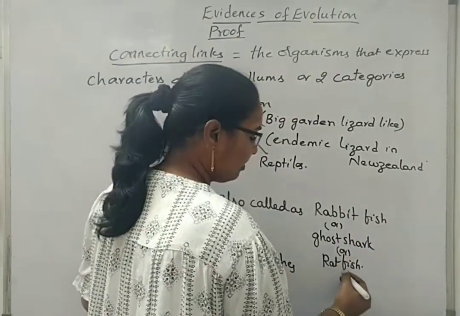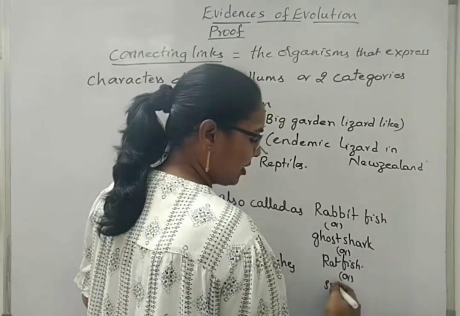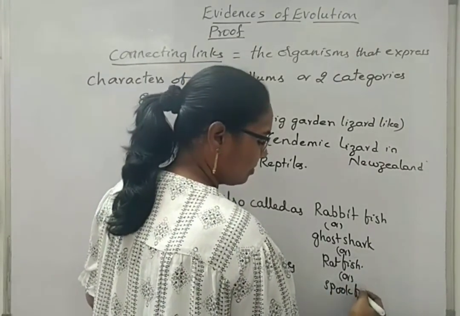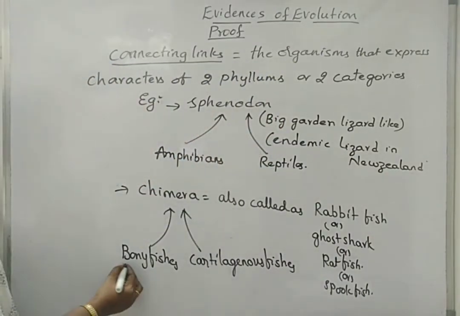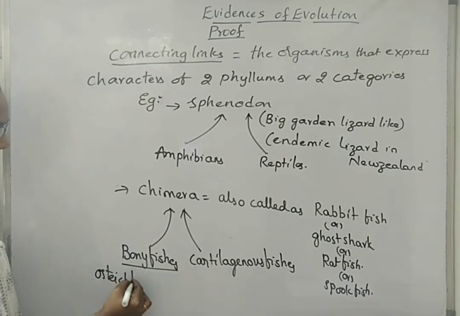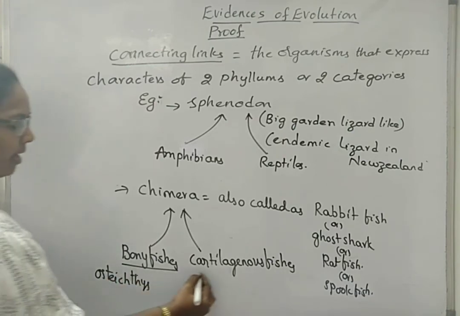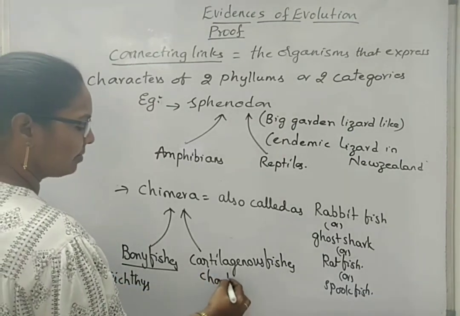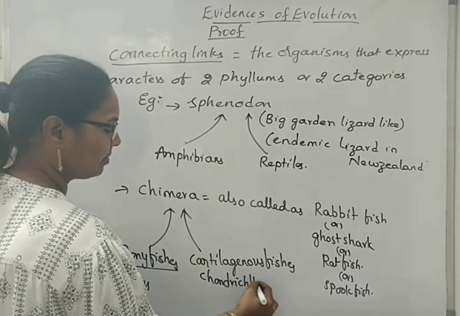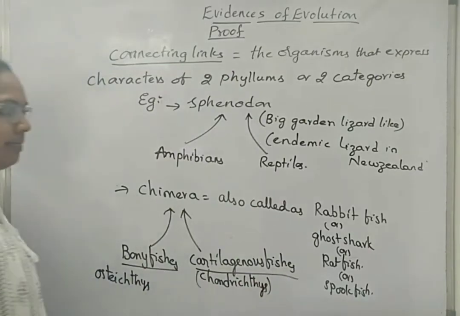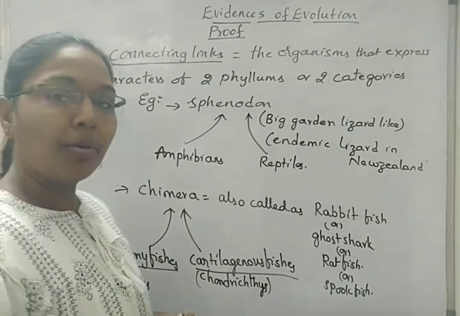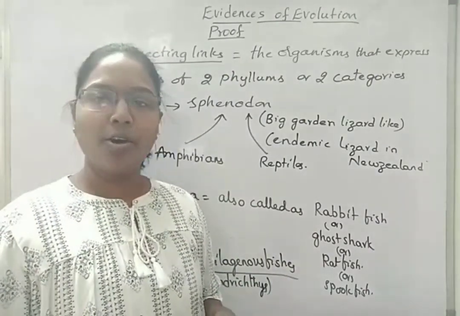Next are spook fish. So we can also say these are connecting links between Osteichthyes and Chondrichthyes. This is about the morphological evidences of evolution.